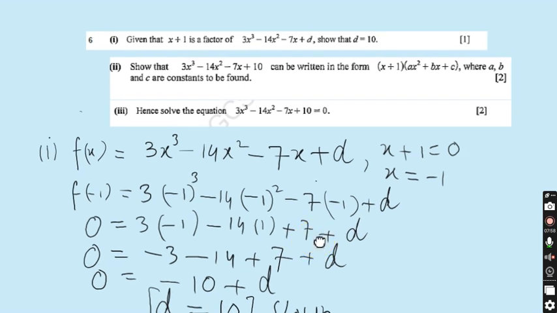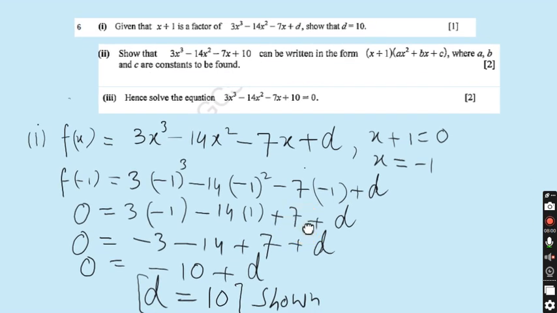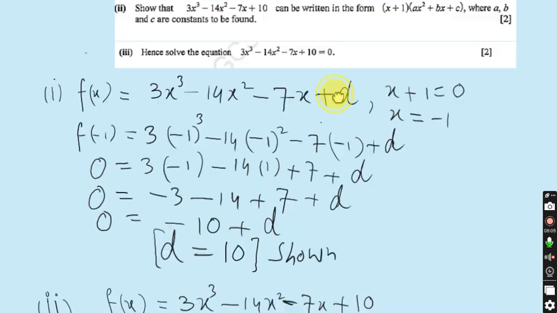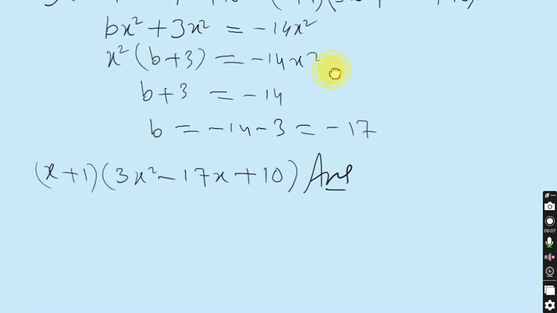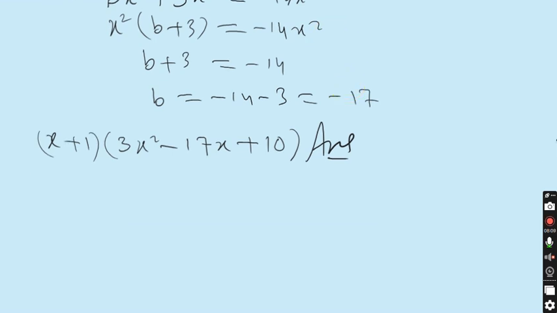Now see the last part. Hence solve the equation 3x cube minus 14x square minus 7x plus 10 equals 0. Hence means you can take help from the previous part.